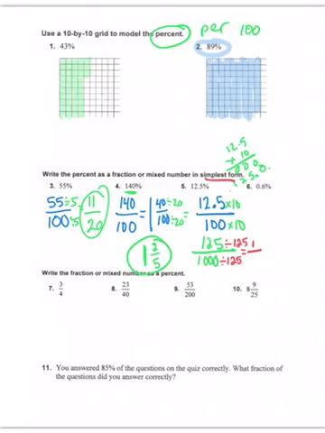Let's set that up on the side. 125 goes into 1,000 exactly 8 times, and you can check that off to the side. We wouldn't have any remaining, so we would have 1/8. So 12.5% is the same fraction as 1/8. That's what we're doing here, taking the percentage and making it into its equivalent fraction form.